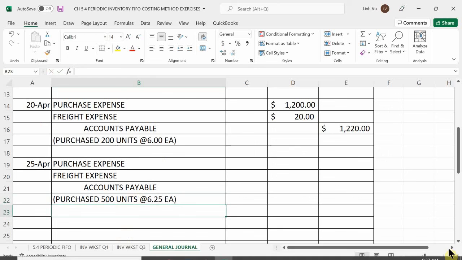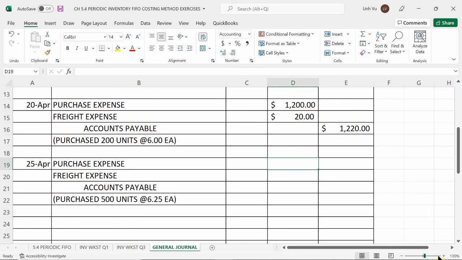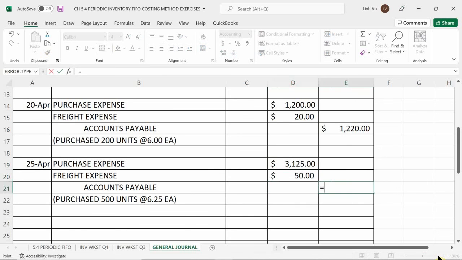Okay, so what's my total purchase expense? $3,125. Right? Freight was $50. So therefore, 3,175 is your total. Okay.